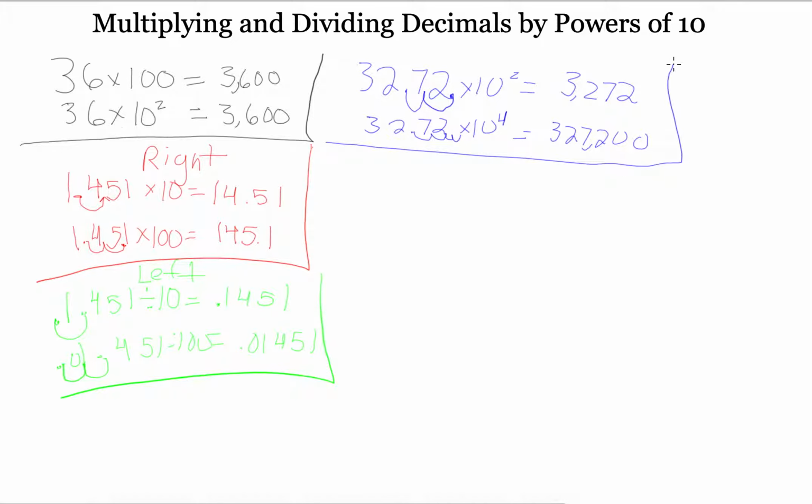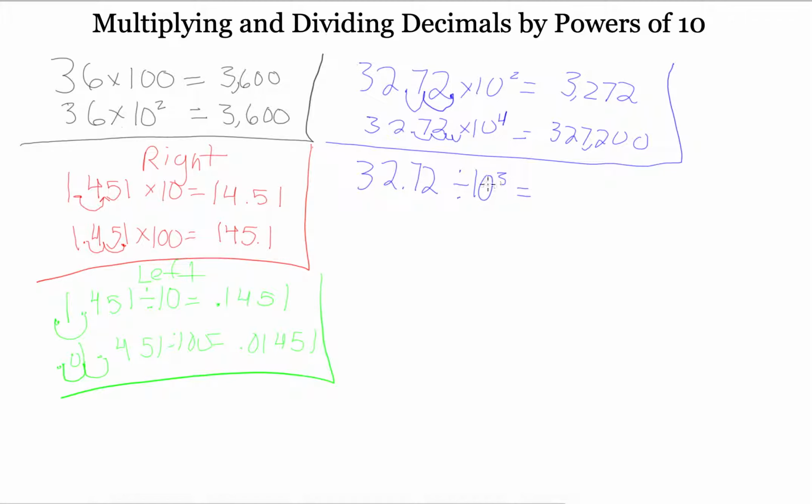So now let's try a couple of division questions with exponents. Let's try these same numbers. So we'll do 32.72 divided by 10 to the 3rd. So we know when we're dividing, we move our decimal point to the left because we're getting smaller.